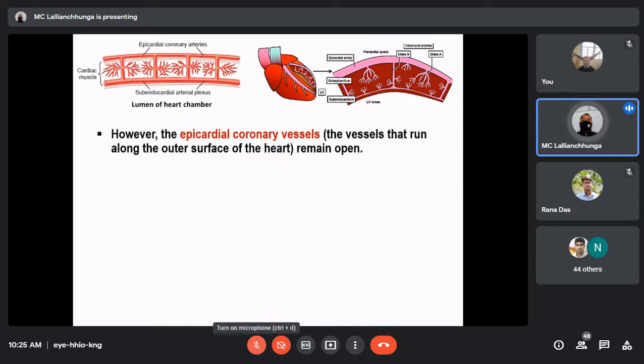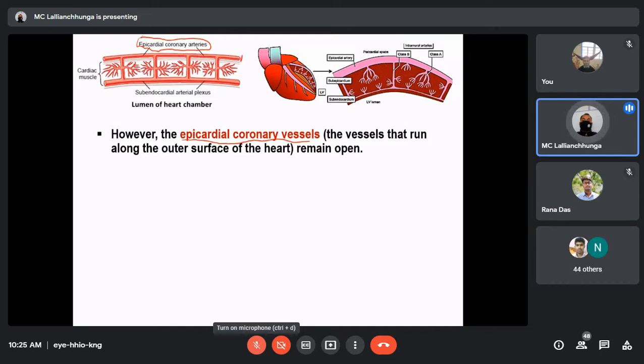totally compressed. However, the epicardial coronary vessels, that is, the vessels that run along the outer surface of the heart, here you see in this diagram, these are the epicardial coronary arteries. That means they are just internal to the epicardium, the outer covering of the heart.